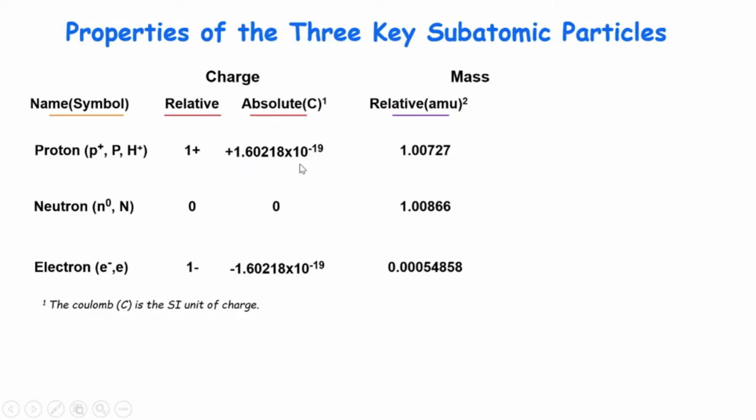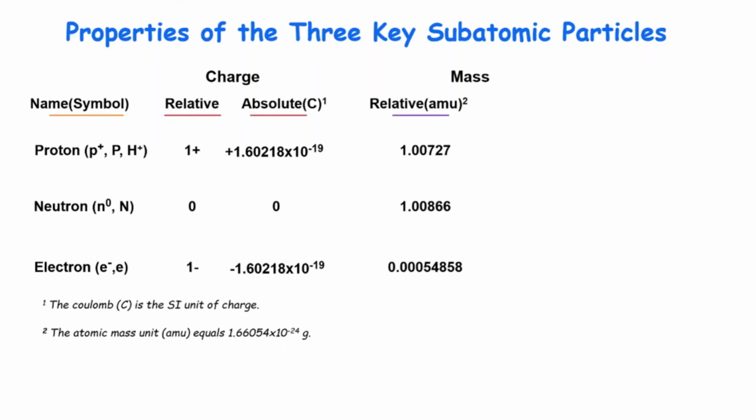And if you look at the mass, you see protons are slightly lighter than neutrons. The unit here is an atomic mass unit. It's a very small unit. Each AMU is equivalent to 1.66 times 10 to the negative 24 grams.